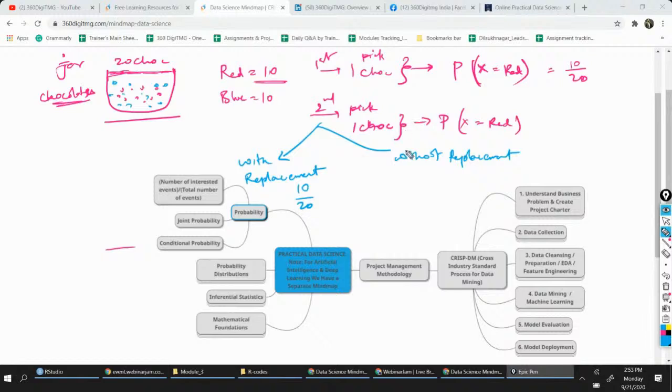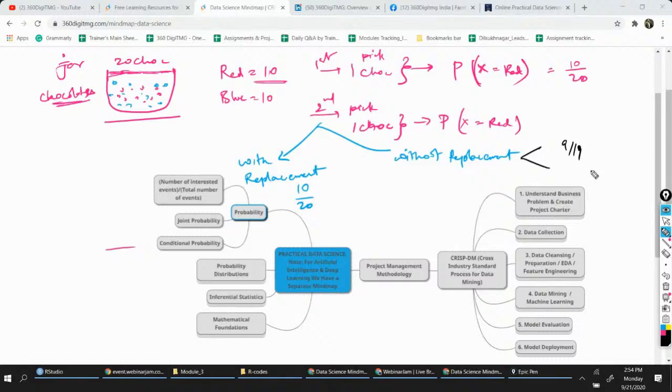Now, if I say without replacement, that means my son has taken the chocolate and consumed it. He has eaten it. Now there are two possibilities again. You might say 9 by 19. That's the correct answer when the first pick is red.